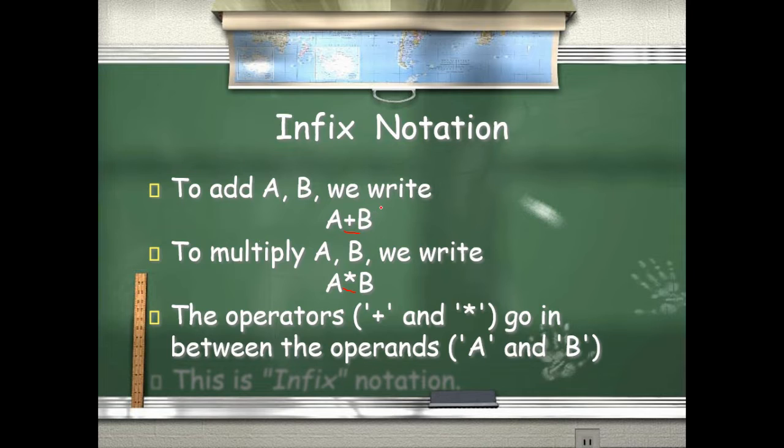So if I'm talking about this example A plus B, A is an operand, B is an operand, and plus is an operator. For this expression also, you can see that the operator is present in between the operands. This form of expression is called infix.